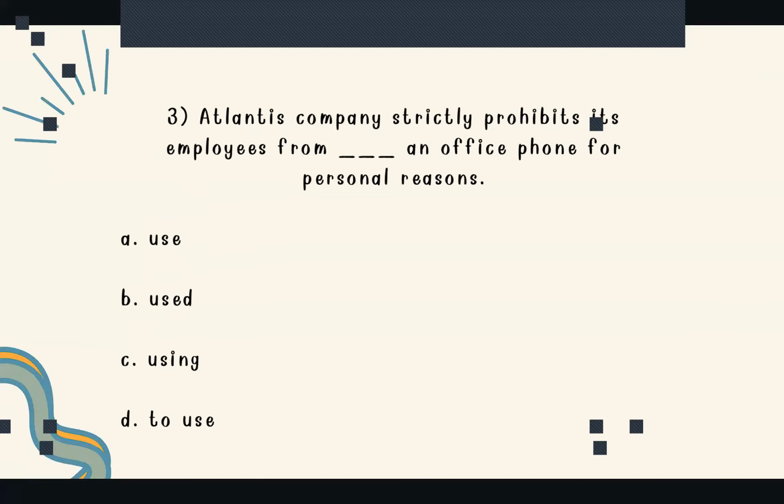Next, the company strictly prohibits its employees from blank the office phone for personal reasons. The answer is C, using, because from is a preposition, so the word after from would be a gerund.